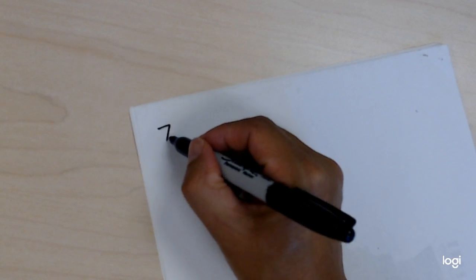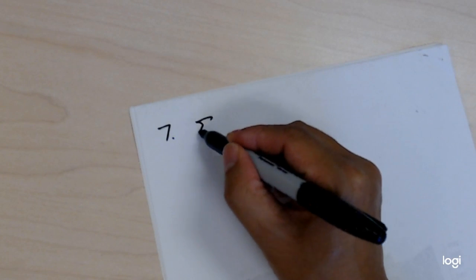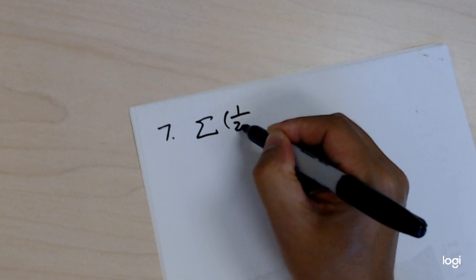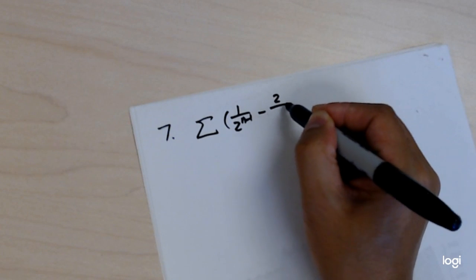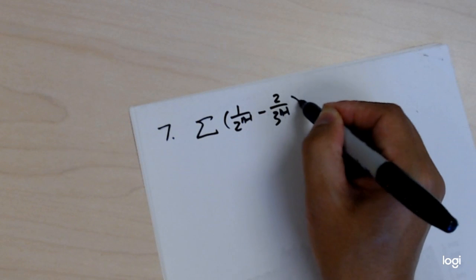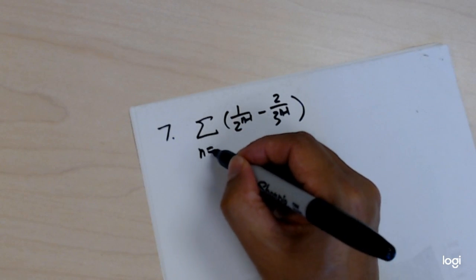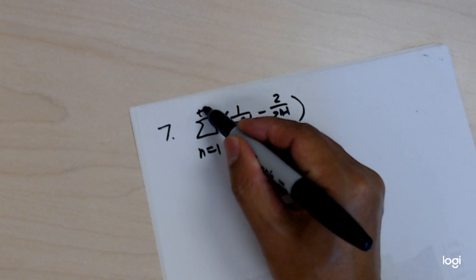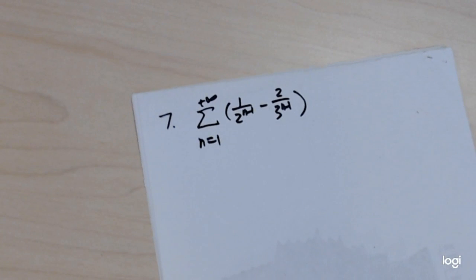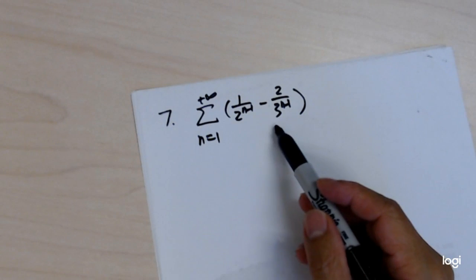Number 7. We're talking about this series here. Find the sum if it converges, otherwise give reason why it diverges. That's the series we have. If you look at this together, it's not going to work.